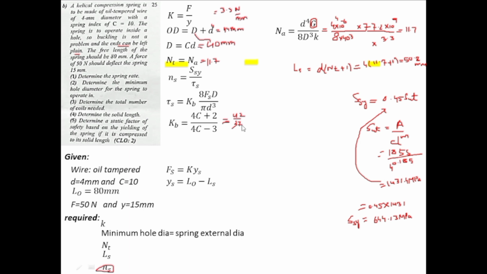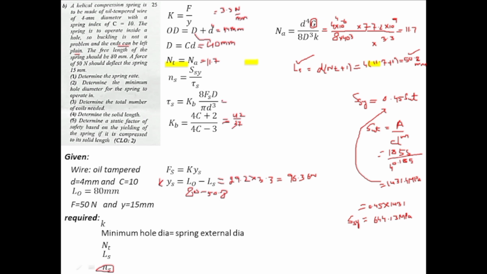Ys can be found from this equation, which is equal to free length minus solid length, and free length is given to be 80, while solid length we calculated to be 50.8, so it will give you 29.2, and when you multiply K with this, that is 3.3, that will give you 96.36 Newton.